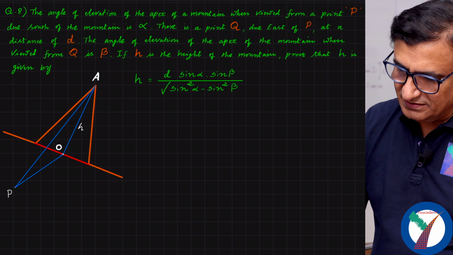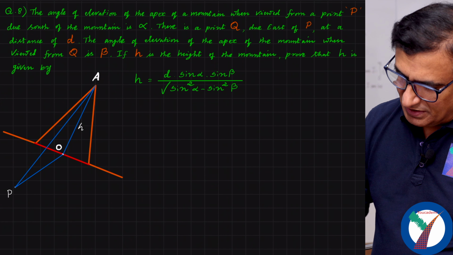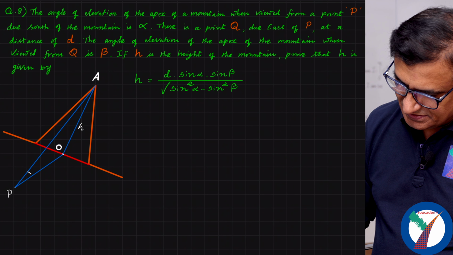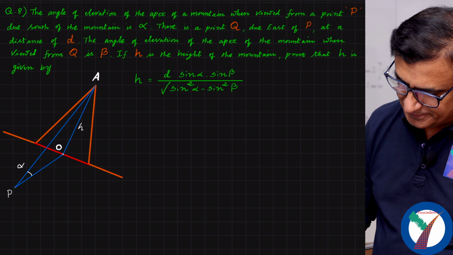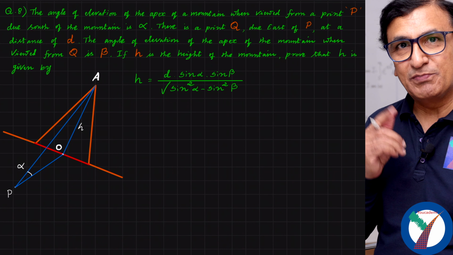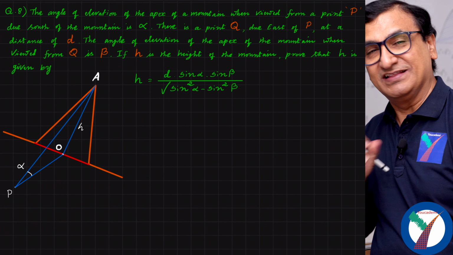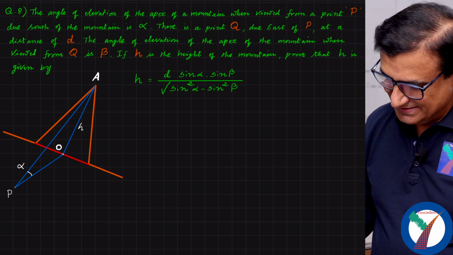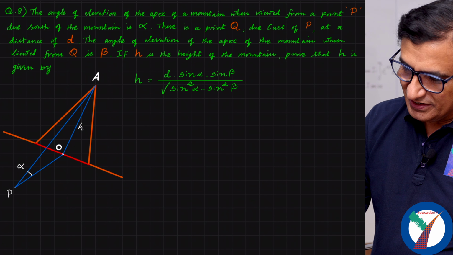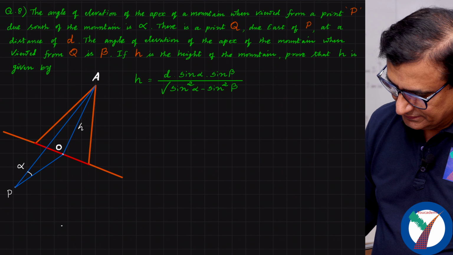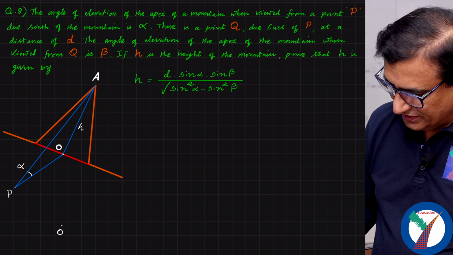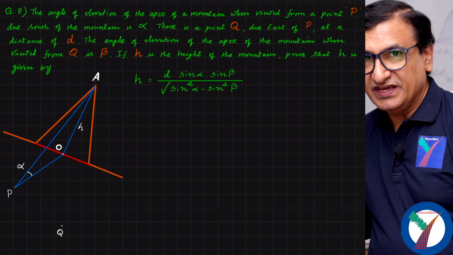Okay, so the angle alpha is marked like this. So this is alpha. Okay, now there is a point Q which is due south or rather due east of P. So this is point Q. This is point Q which is due east of P.